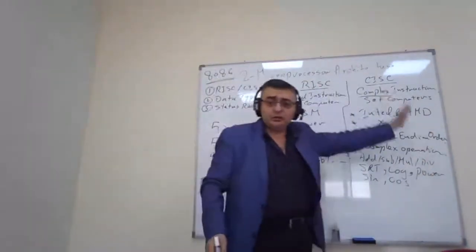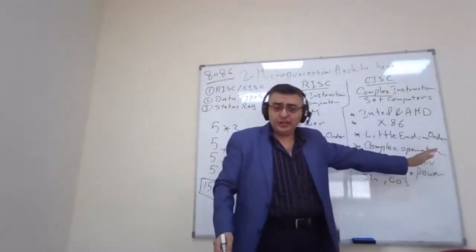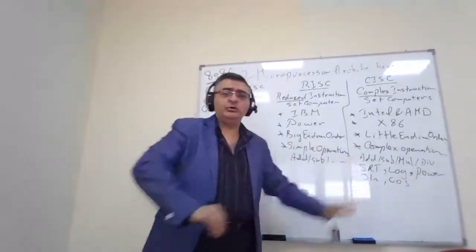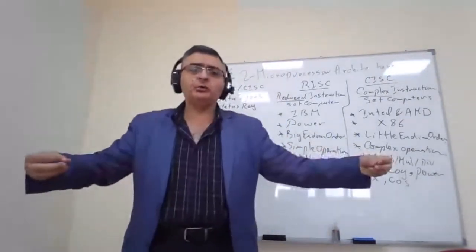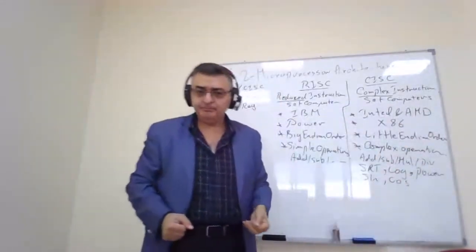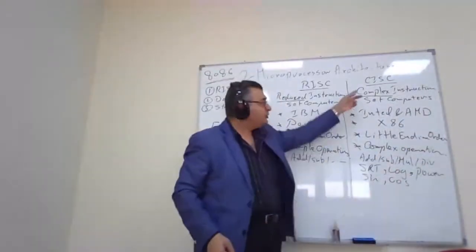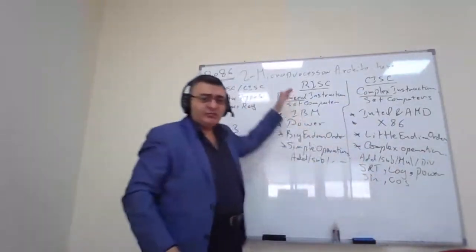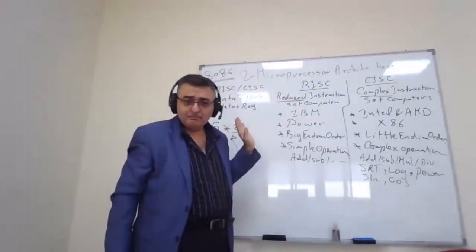So those people are doing complex operations, so they complicate the hardware. Those people say no, we want to simplify the hardware and shift the complexity to the software. This makes the life of the programmer easier. That gives a nightmare to the programmer.